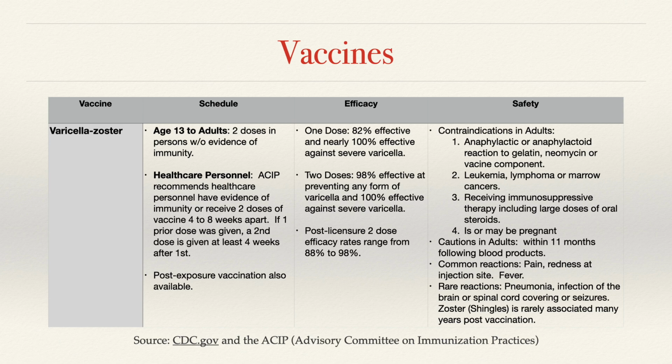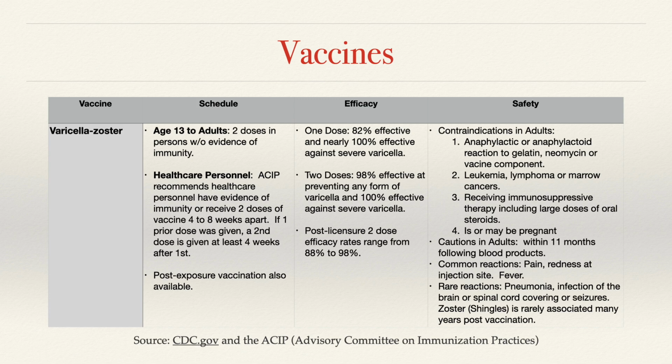anaphylactoid or anaphylactic reactions to gelatin, neomycin, or a vaccine component, leukemia, lymphoma, or marrow cancers, receiving immunosuppressive therapy, including large doses of oral steroids, and lastly, is the patient or might the patient be pregnant? Cautions in adults: within 11 months following blood products.